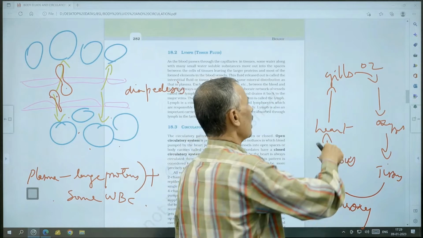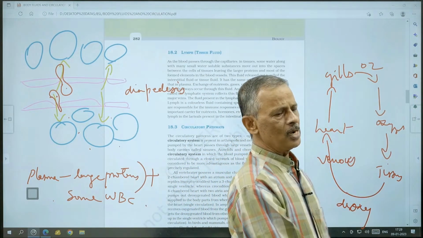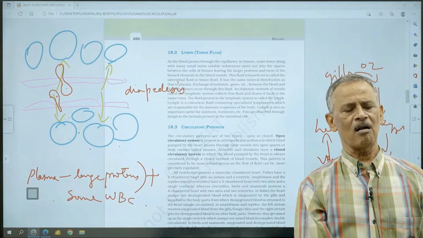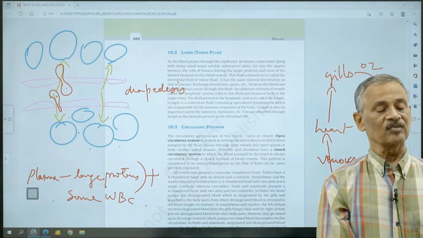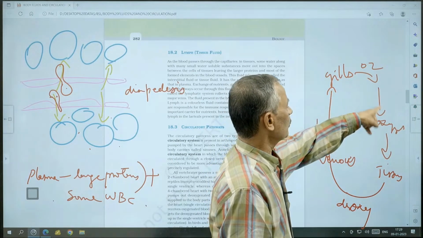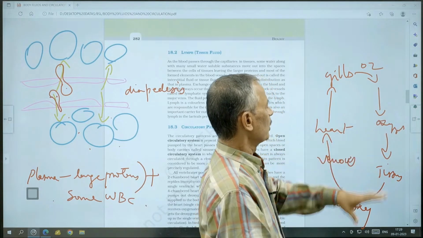So blood is always going in this route. So it's called single circulation. The heart of fishes is called a venous heart because it is always impure blood that is entering. Oxygenated blood from the gills never reaches the heart. It goes directly to the tissues.